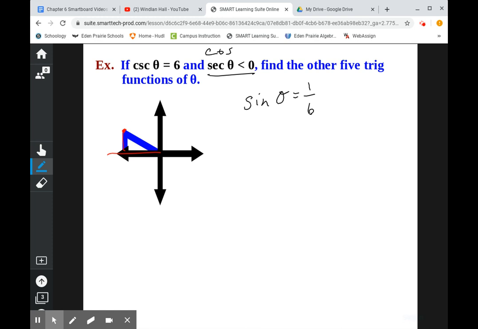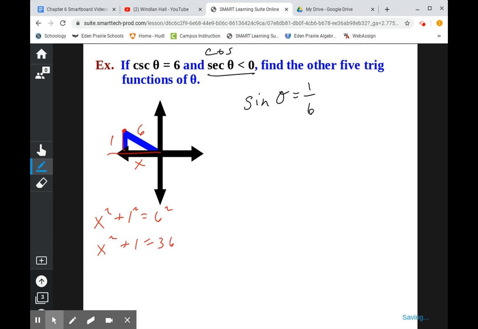Now, if the sine of theta is equal to 1 over 6, according to SOHCAHTOA, the opposite is 1, and the hypotenuse is 6. To find the third side, call it x, we use the Pythagorean theorem. So x squared plus 1 squared equals 6 squared. That will leave us with x squared plus 1 equals 36.